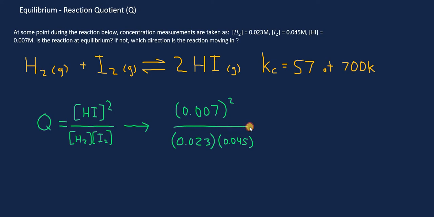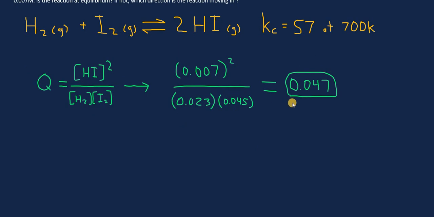Go ahead and solve for Q using these numbers. You should get 0.047 after you do that calculation, and that's going to be your value for Q.